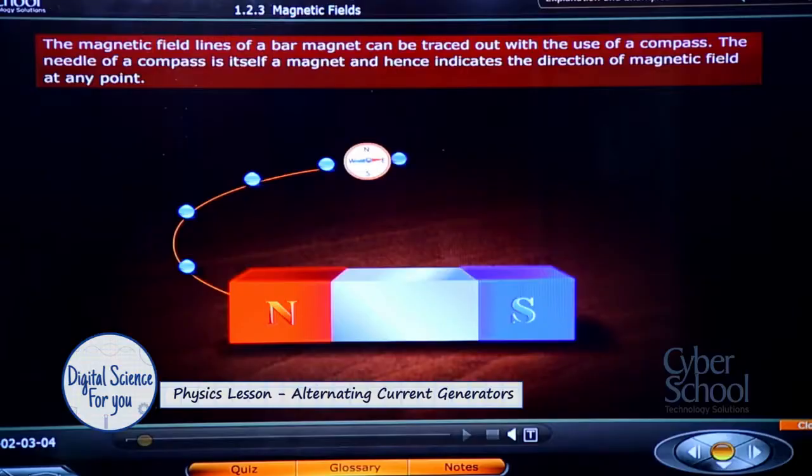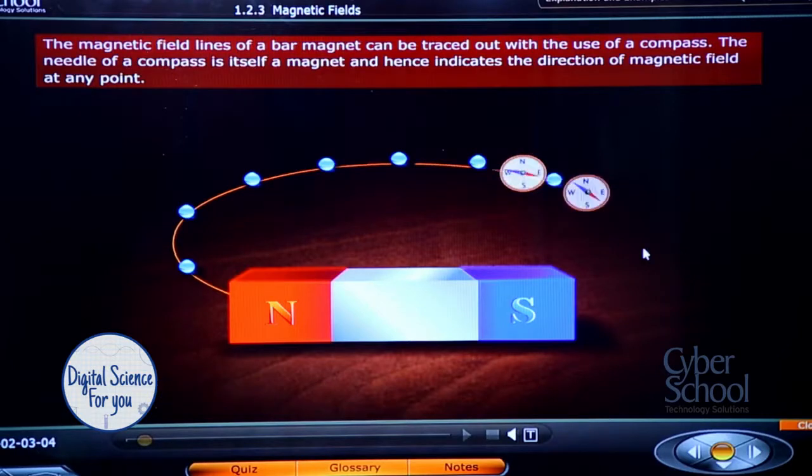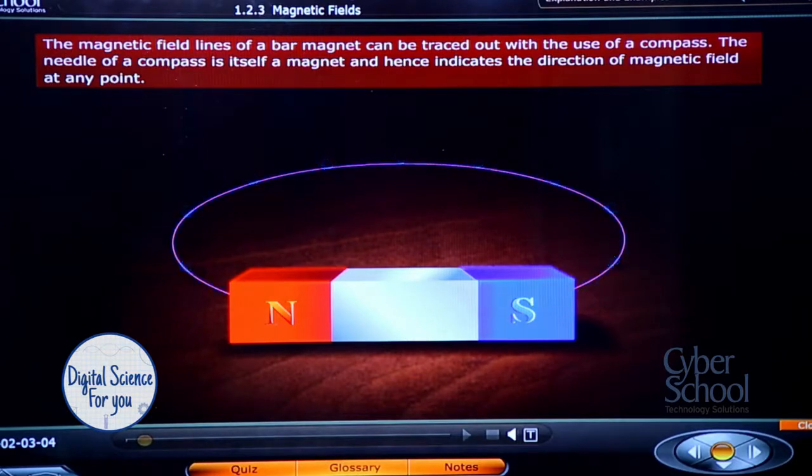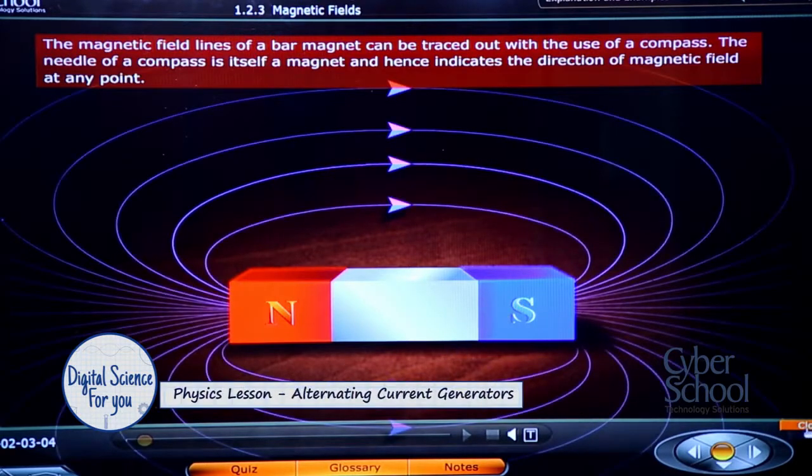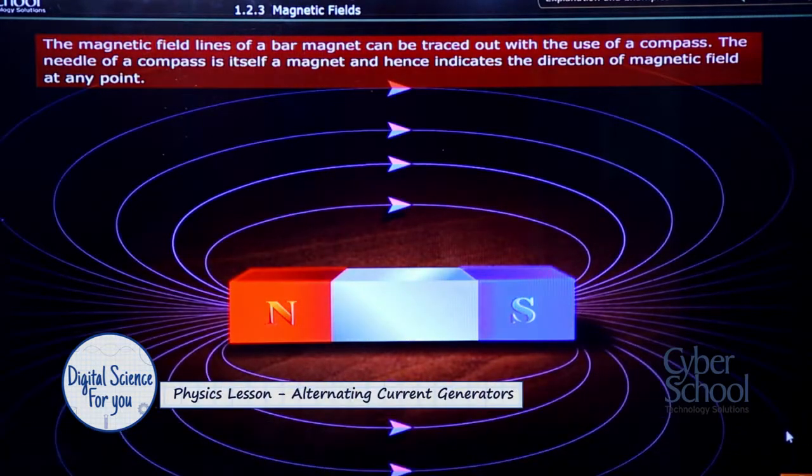The magnet has what we call field lines, and the field lines can be seen in the animation, as seen in that diagram. We can get the field lines by using a magnetic compass. That is one of the ways of doing it. There are also other alternative ways.